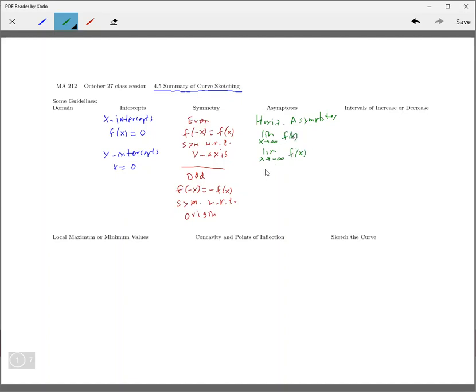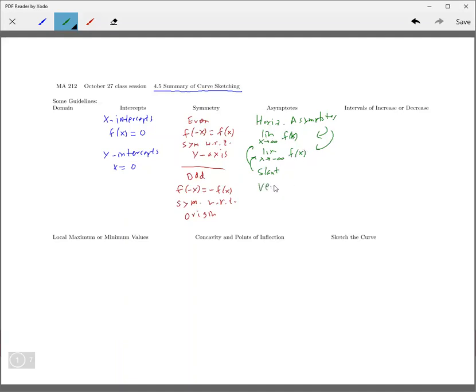This also applies if you have a slant asymptote. If the limit is infinity or negative infinity, that could also give you the far right behavior and far left behavior of the graph.